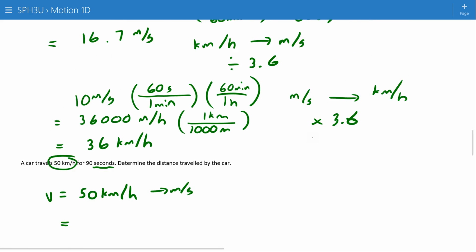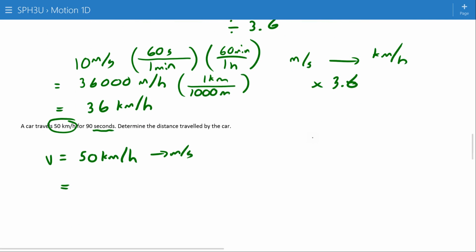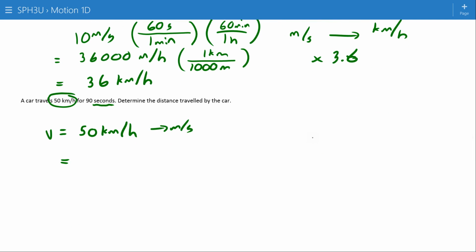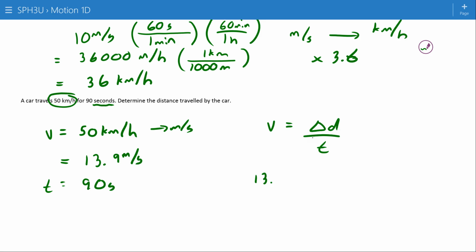So again, I can go through this whole process one more time, but the reality is all we're going to end up doing here is dividing by 3.6. So that works out to 13.9 meters per second. I have a time of 90 seconds. And now that I have common units, if I'm going to do my speed is equal to my distance divided by my time, then 13.9 equals distance divided by 90.